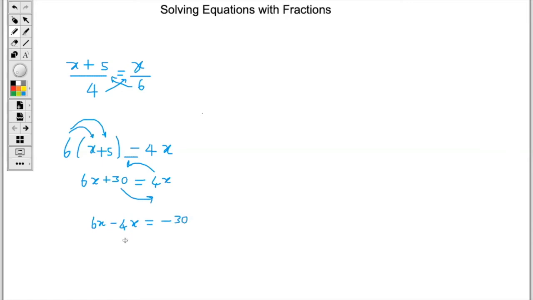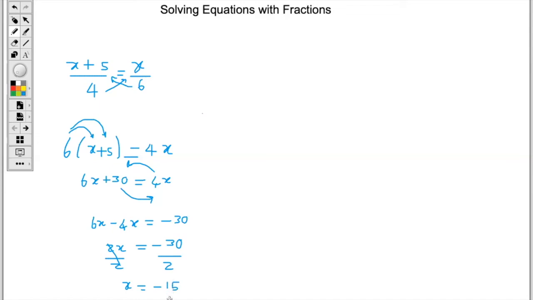And then the 30 becomes negative also. Now 6x minus 4x becomes positive 2x. And we have equal minus 30. Then to get rid of the 2, we divide both sides by 2. So this cancels. So x is equal to negative 50.